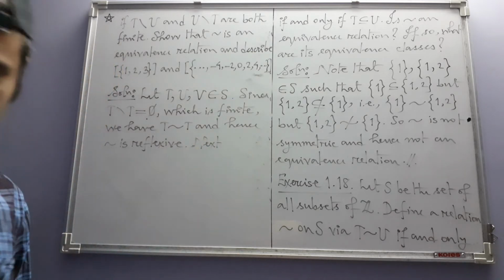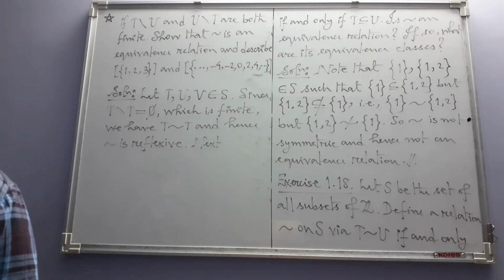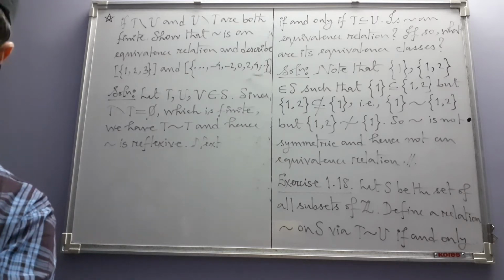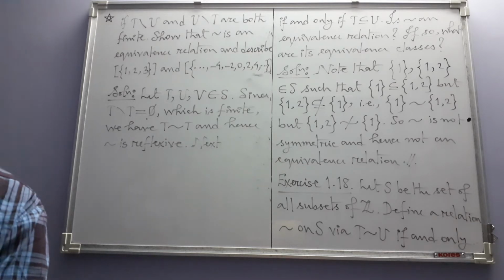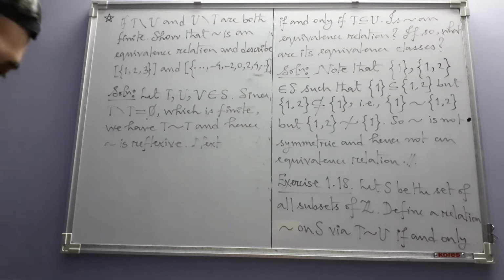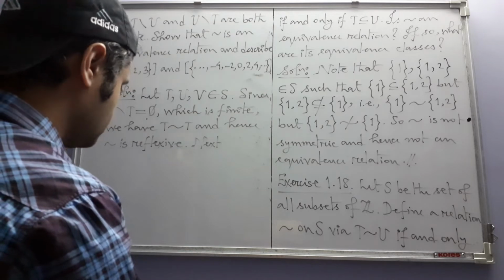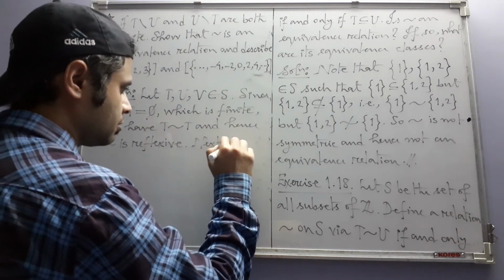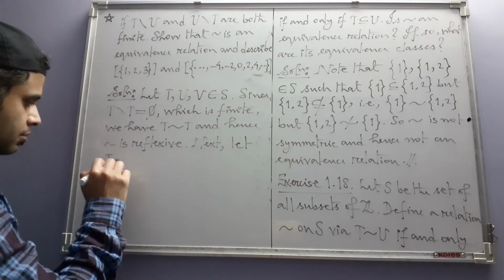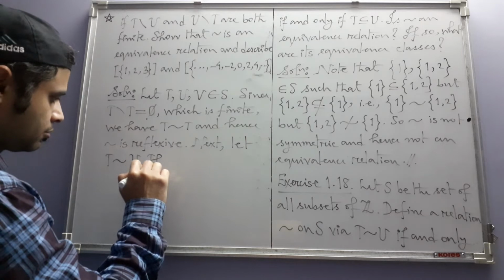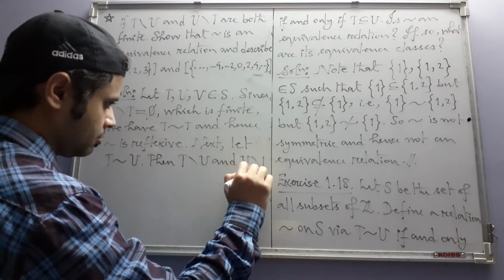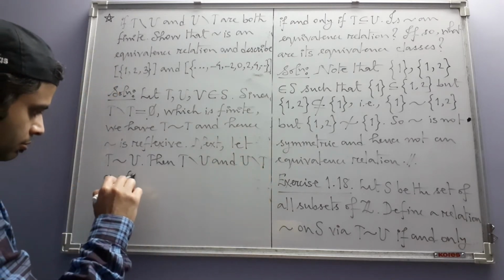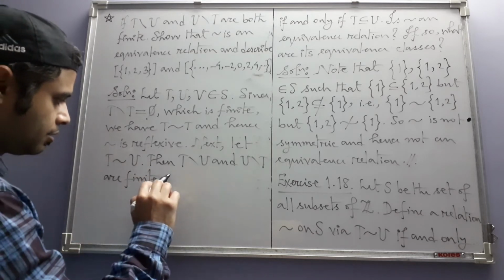Next, let T be related to U. Then T difference U and U difference T are finite.